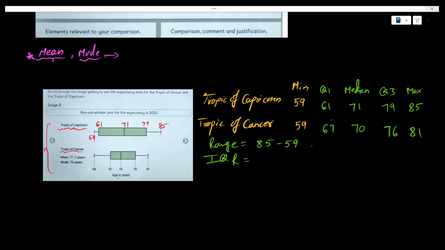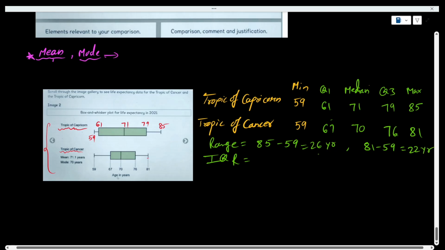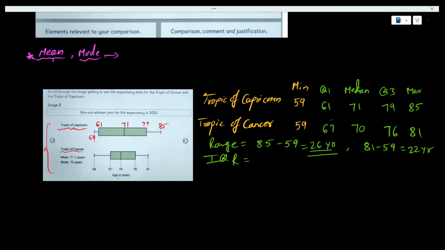For Capricorn, 85 minus 59 is 26, the spread, whereas for the second it is 81 minus 59, which gives only 22 years. So you can see that people in Tropic of Capricorn live longer than in Tropic of Cancer.